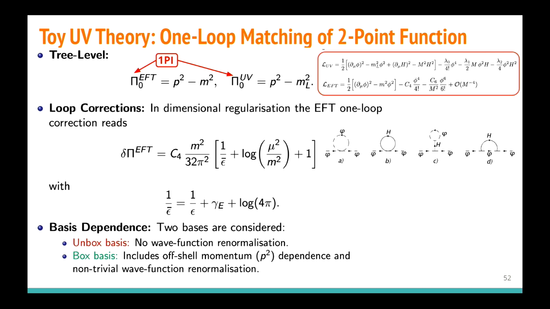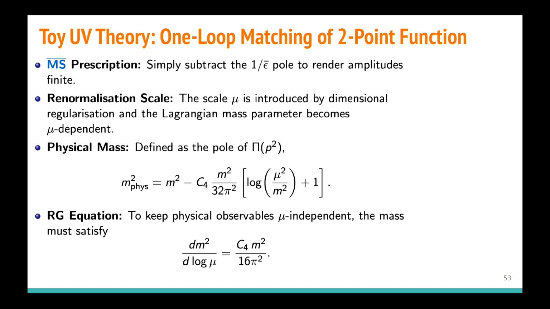So in the unboxed basis, when we calculate the m squared, there is no off-shell contribution, no such momentum dependence, whereas in the box basis we'll see some non-trivial wave function renormalization when compared to the unboxed basis.